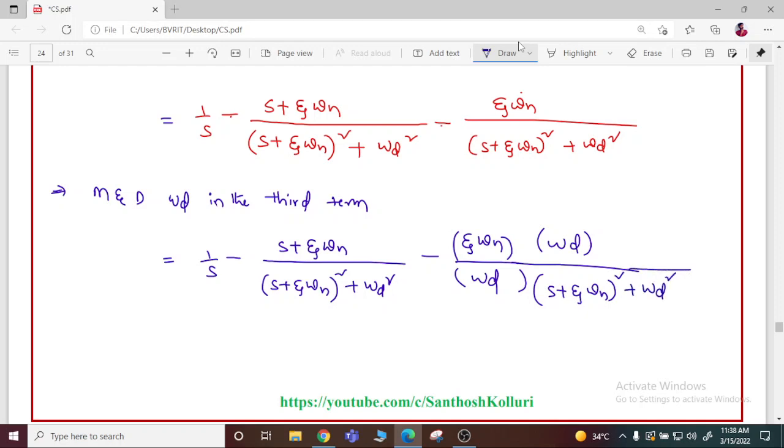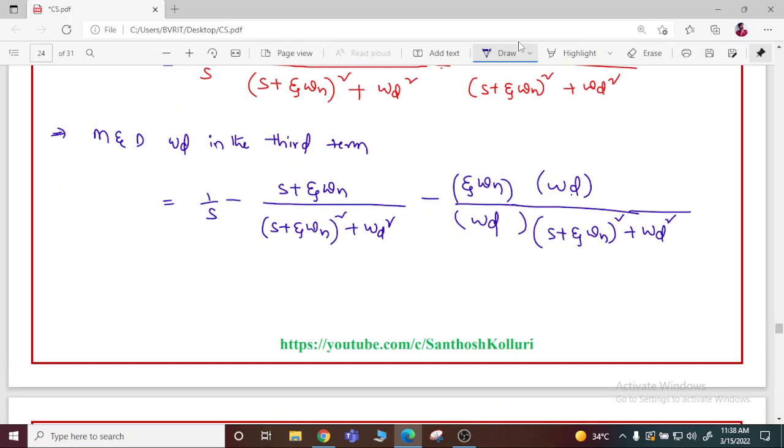I just multiplied and divided the same term, so there is no change here. So now let us conclude here.